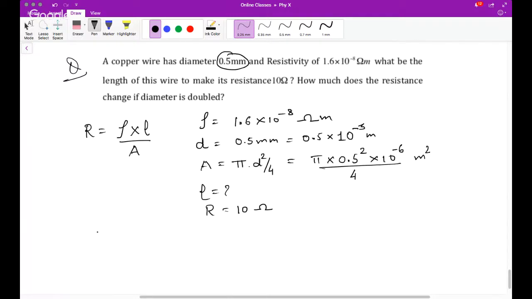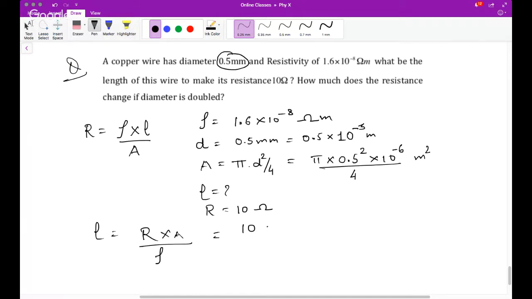So let's deploy the value. So 10 equals 1.6 into 10 to the power minus 8, or let us first simplify this. So I can say L is nothing but R into A upon rho. So hence R is given as 10, it is in SI unit.